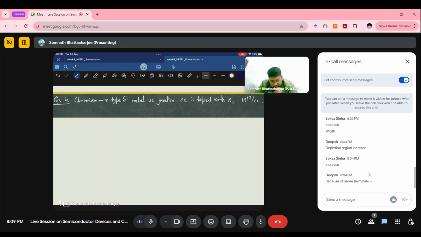Now we have to calculate the Schottky barrier height in eV and also the built-in potential at T equals 300 Kelvin.